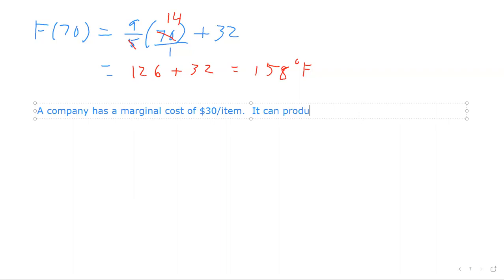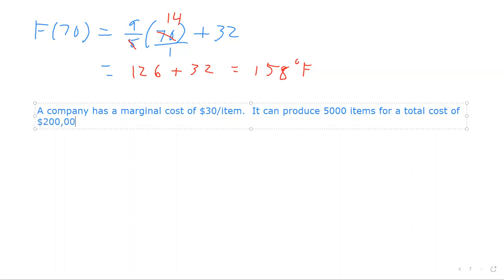It can produce 5,000 items for a total cost of $200,000. Find the cost equation.